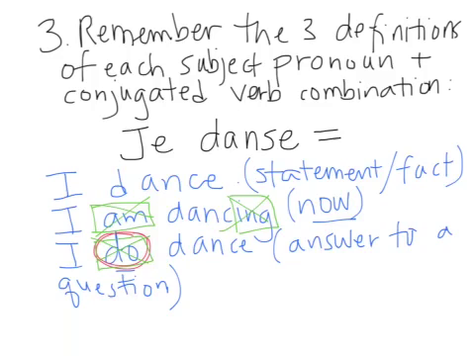Focus on asking yourself, when I look at my sentence, what is my subject pronoun? In each of these sentences, the subject pronoun is I, that is je. Second question, what is my verb? Well, there's dance, there's what looks kind of like dance, and there's dance. And there it is in French, je danse.